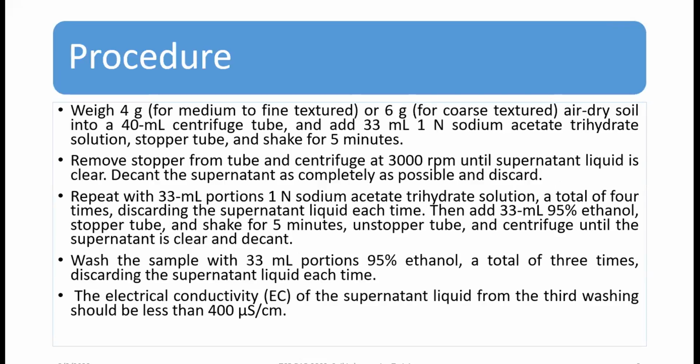For the procedure, you have to take 4 grams of soil, and this is especially for medium to fine textured soils, clay soil in general, or 6 grams for quartz textured soils, sandy soils, into a 40 mL centrifuge tube, and add 33 mL of 1N sodium acetate trihydrate solution.